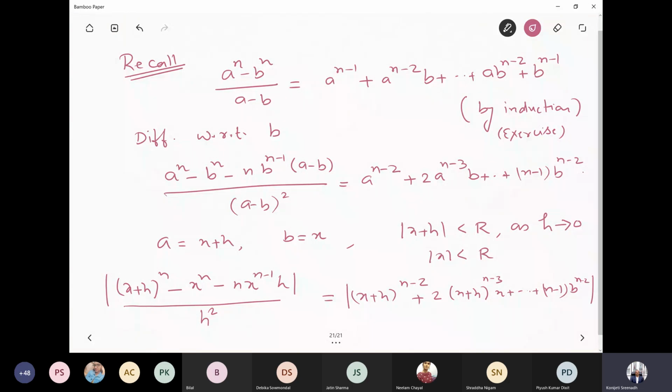Everything is less than r^(n-2). So where I take big R, small r is less than big R. Any small r less than big R, right, so r^(n-2). You can take big R also, there's no problem here.